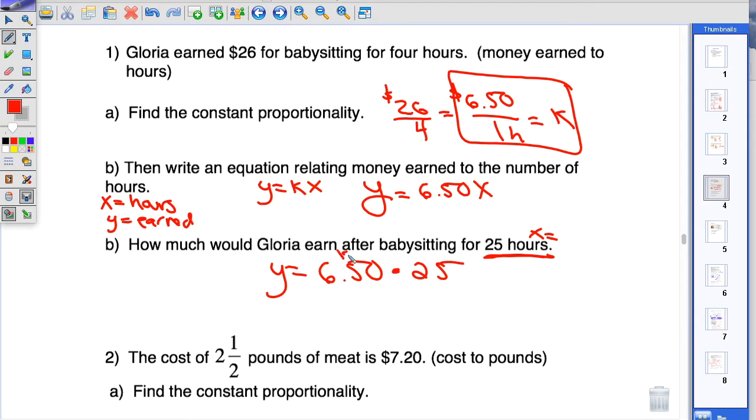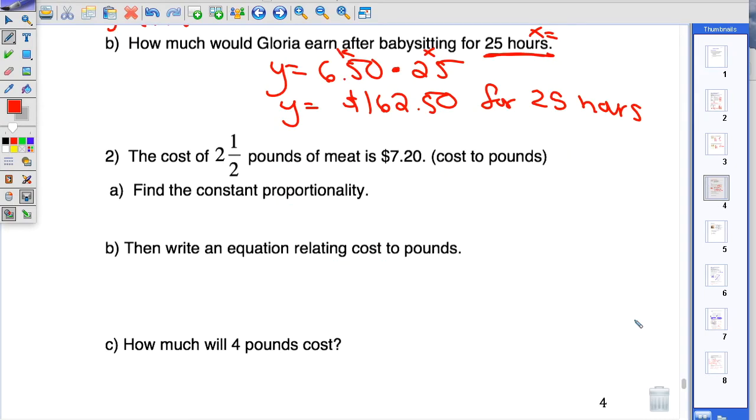So this is your k, the $6.50. Your hours is your x. So to get our y value, which is the money earned, we multiply $6.50 times 25, representing your hours, to give you $162.50. And that is for 25 hours of babysitting.